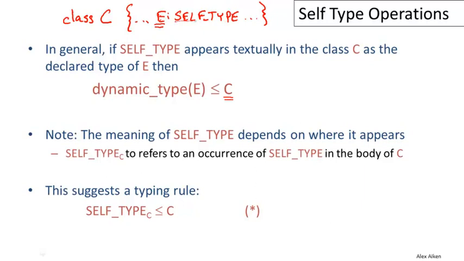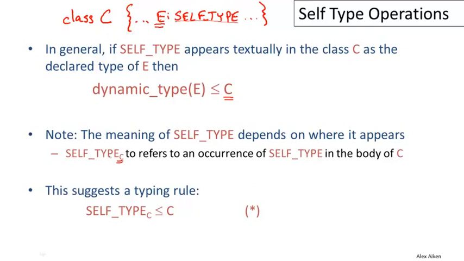So this self-type means a subtype of the class C. If I had written self-type in a class D, somewhere in the definition of class D, it would mean a subtype of the class D. And so to remind ourselves what enclosing class we're talking about, we're going to subscript occurrences of self-type with a class name.